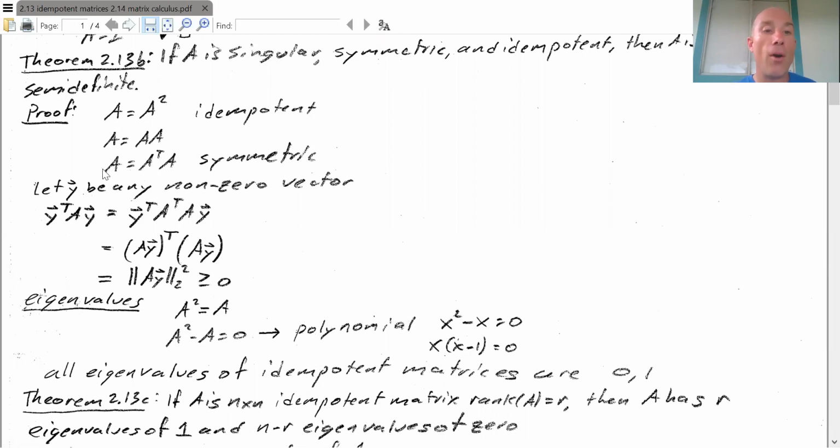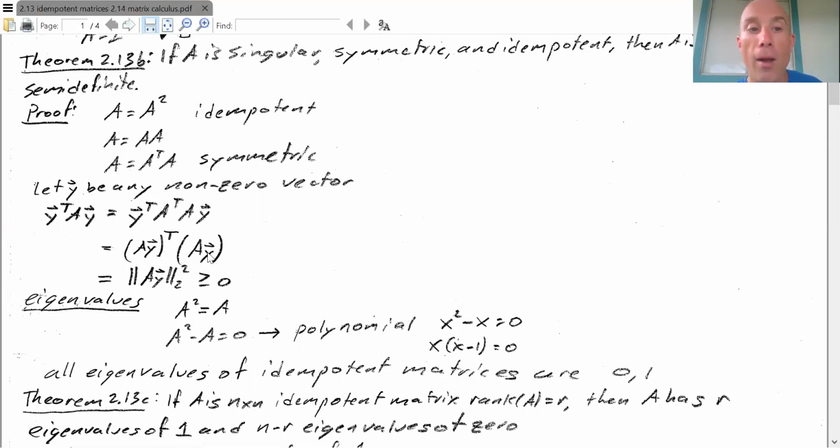So I go Y transpose A Y, which equals Y transpose A transpose A Y. If I look, this part right here is A times Y, transposed on the whole thing. So here I have A Y transpose times A Y.